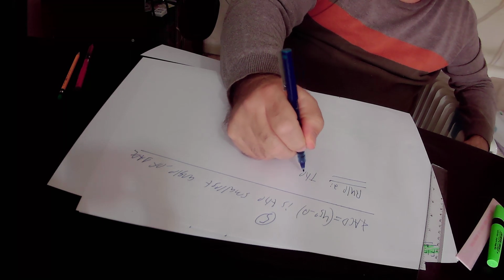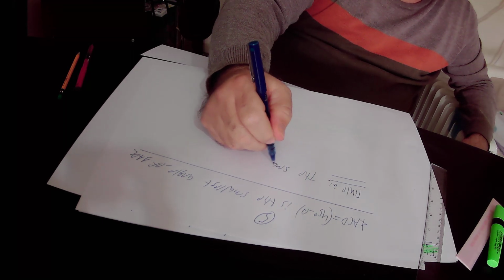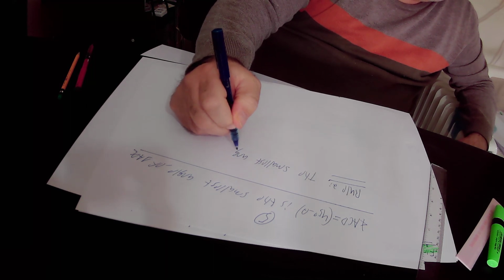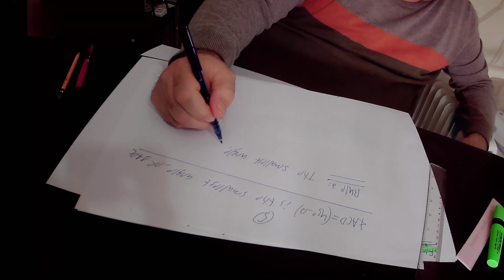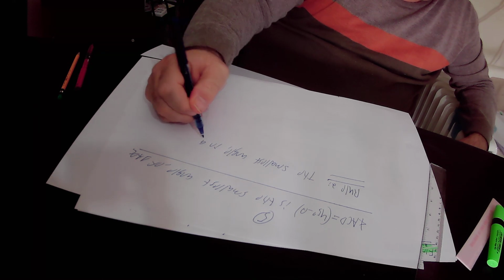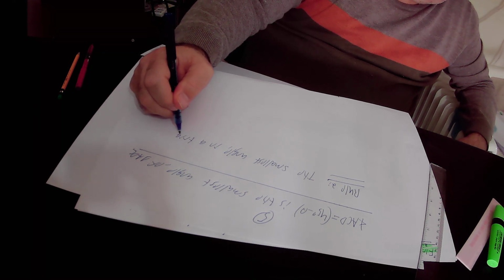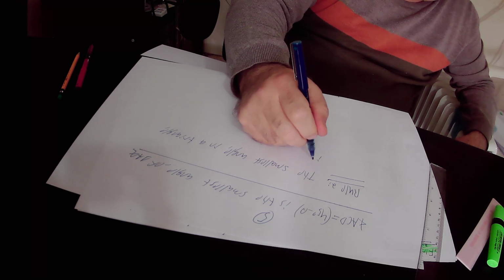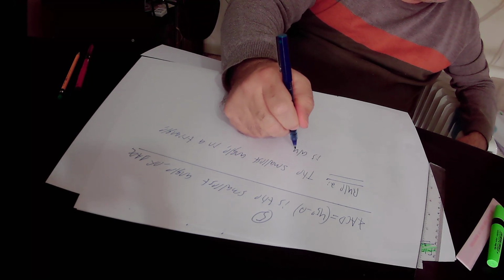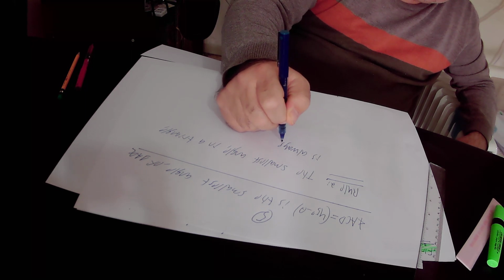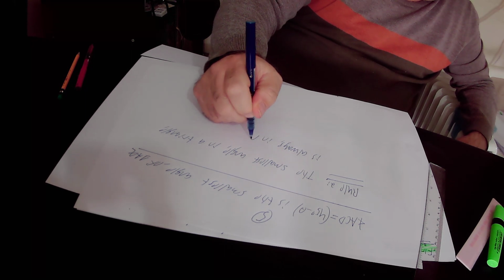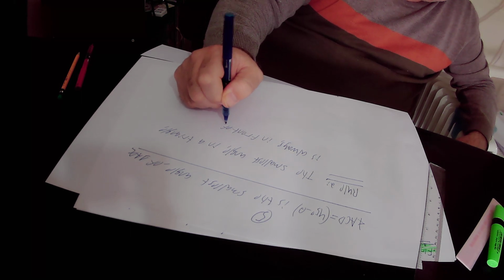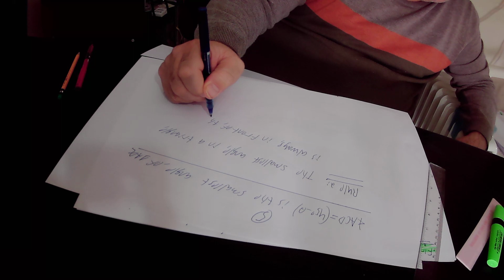The smallest angle in a triangle is always in front of the shortest side.